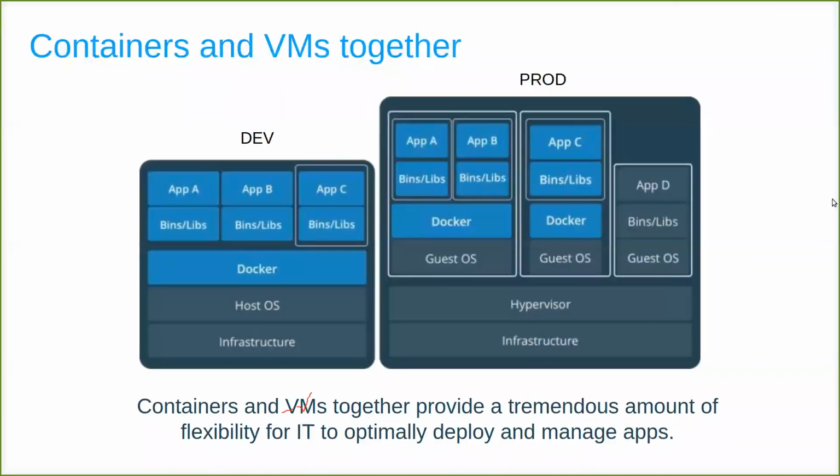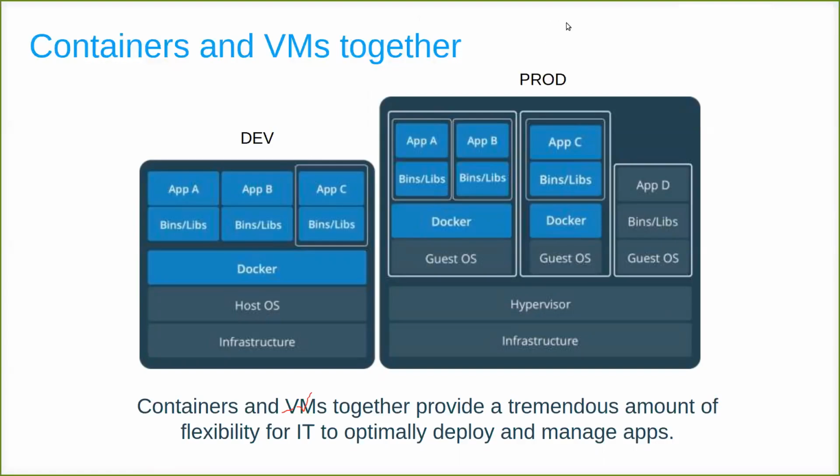It is also very easy to decouple the application in development and production environments. We can have one VM running a dev environment, another VM running the prod environment, and another running the test environment.